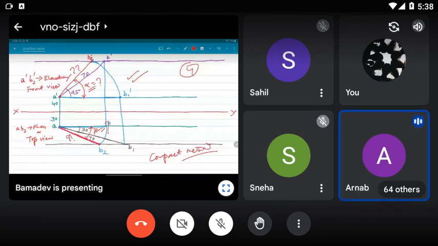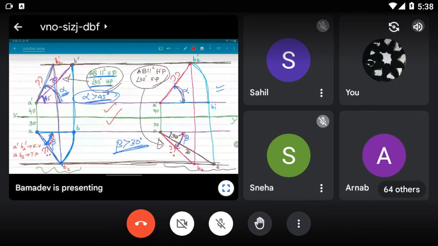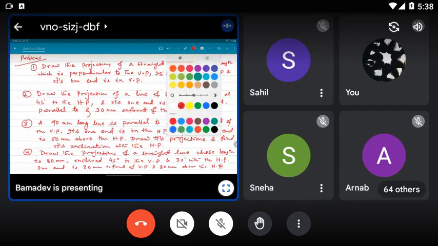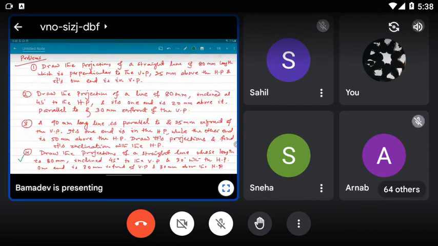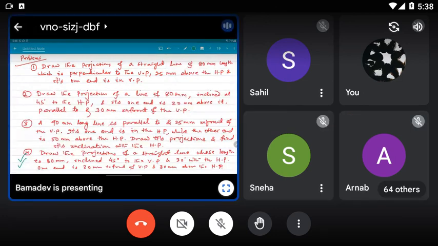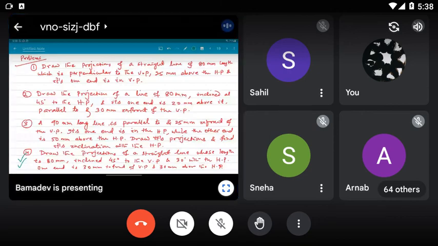Sir, in all the questions we have to do in both methods or only 4? No, only the last one. Sir, can we use different sheets? No, in only one sheet you will finish everything. It's possible, right? Leave more space for question number 4.